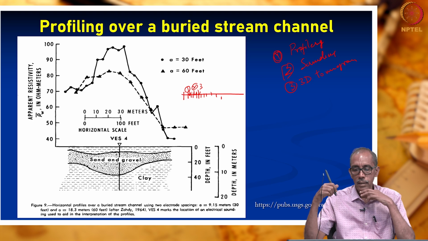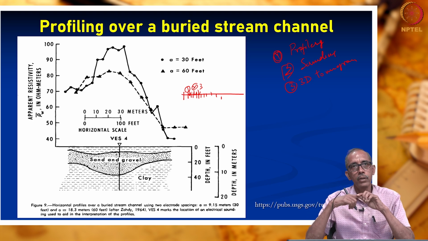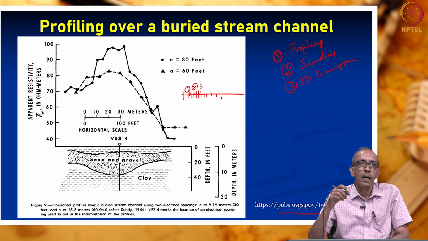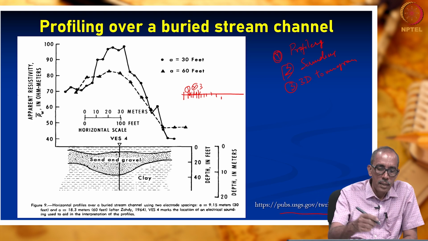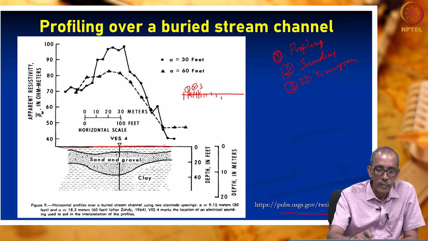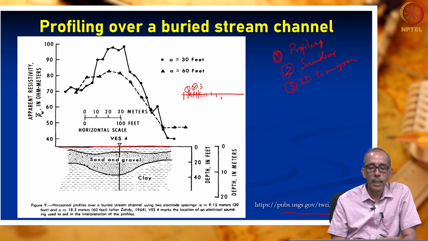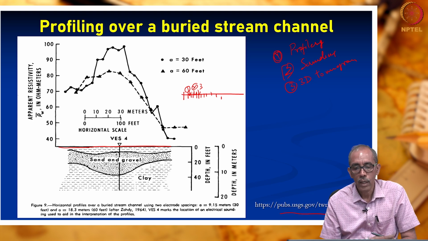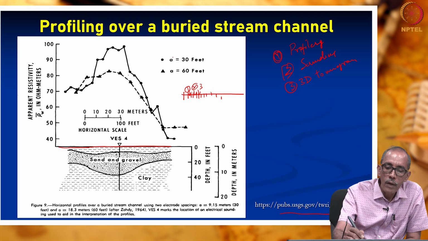Here is a study carried out by the United States Geological Survey. What they have done is they carried out electrical profiling along this area to bring out the subsurface geological configuration. The survey has been carried out with two different electrode spacings.